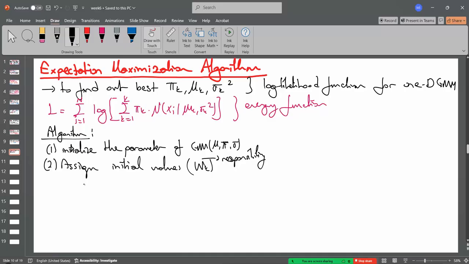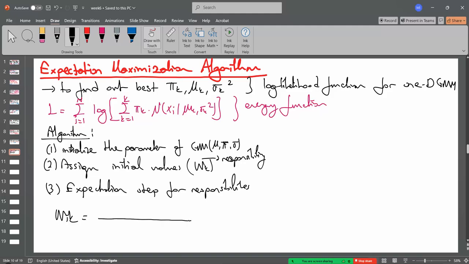After that, in each iteration, the expectation step: the responsibilities, or the gradients of this probability rate, can be calculated with wik equal to pk times N(xi | mu k, sigma k square), divided by the total summation over j of pj times N(xi | mu j, sigma j square).